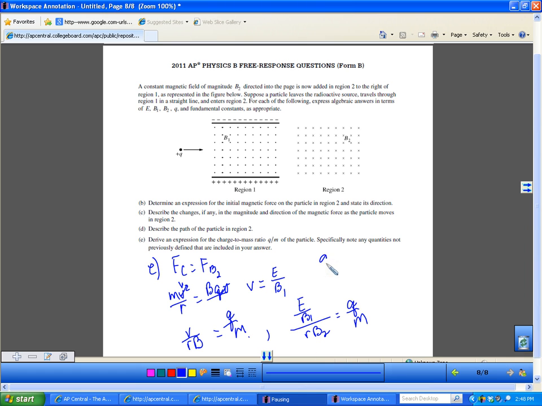And then when I rewrote that, that gave me Q over M is equal to the electric field over B1 B2 R. And I'm going to put a capital R here because I want them to know that that's the radius of circular path 2 in region 2. And that was where it said specifically note any quantities not previously defined that are included in your answer. So that's what they're talking about there. All right, and I think I'm done there.